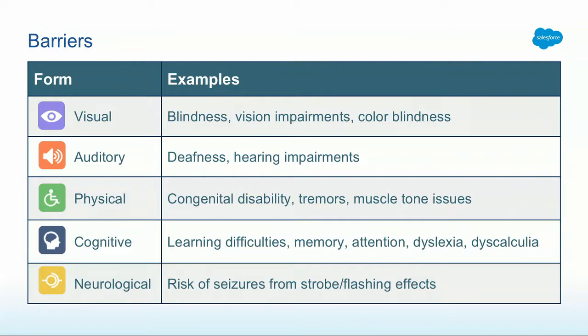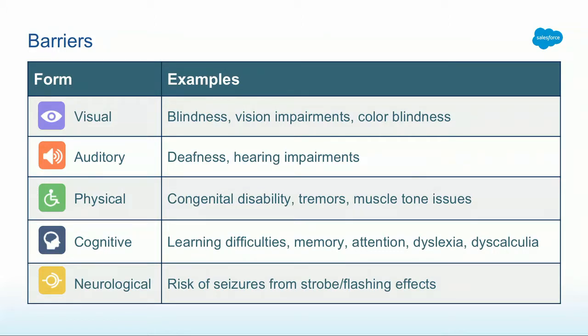When we're talking about visual barriers, we're talking about people who have no or limited vision at all or some of their field of vision, or are unable to see certain colors. When we're talking about audio issues, we're talking about no or limited hearing, and inability to hear at all or some frequencies. Also conditions such as tinnitus.